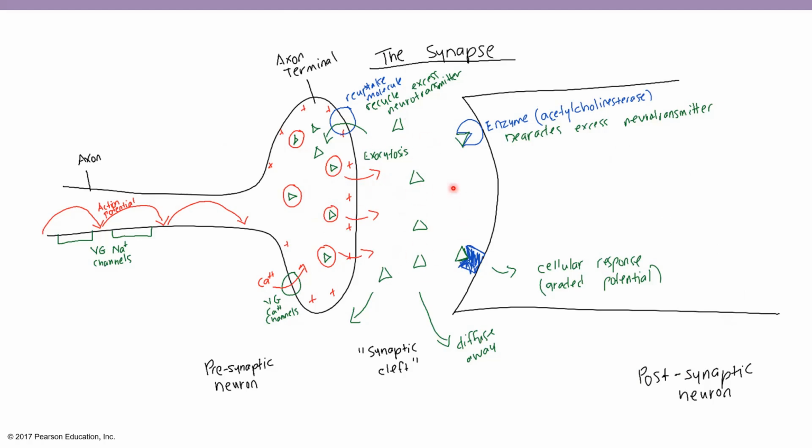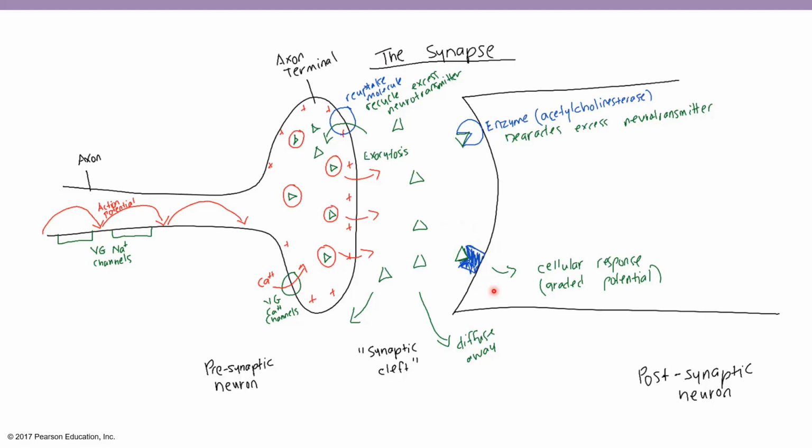All right. So once those neurotransmitters are released, they can cross the synaptic cleft, they can bind to their corresponding receptor. And in this instance, the receptor can be of two types. We talked about fast receptors that are also acting as channels. So when the ligand binds, and again, just to kind of connect here, this is the same thing as the ligand-gated channel that we talked about being on the dendrites and the soma of the postsynaptic neuron.